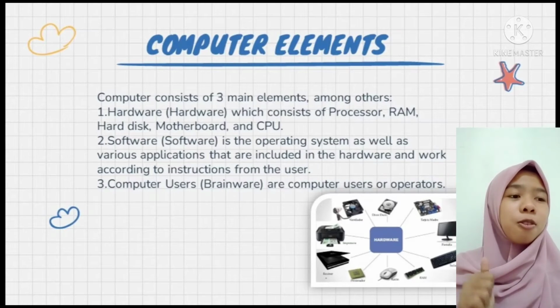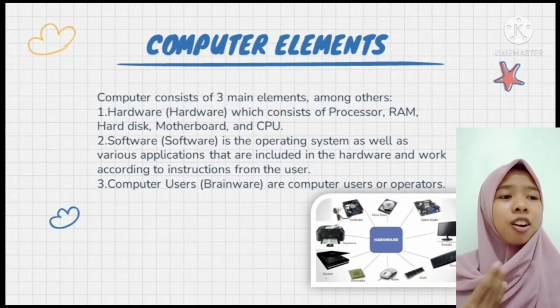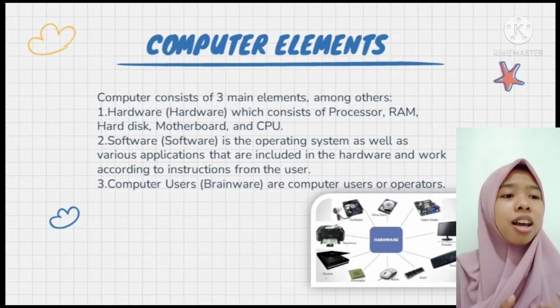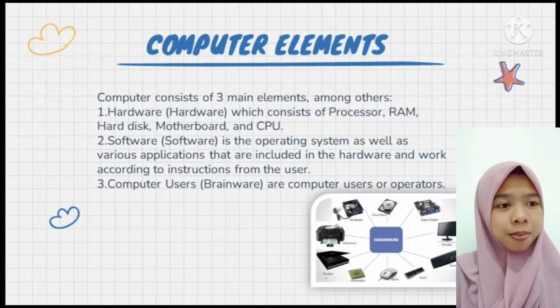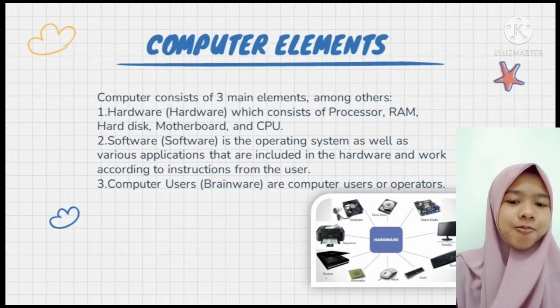Software. Software is the operating system as well as various applications that are included in the hardware and work according to instructions from the users. And 3. Computer users or brainware are computer users or operators.